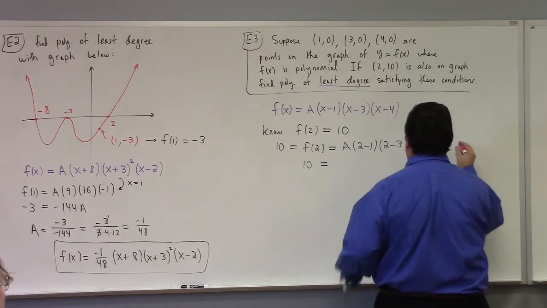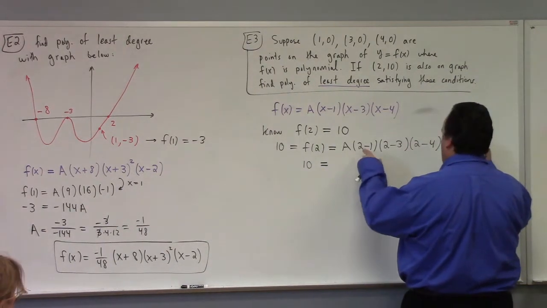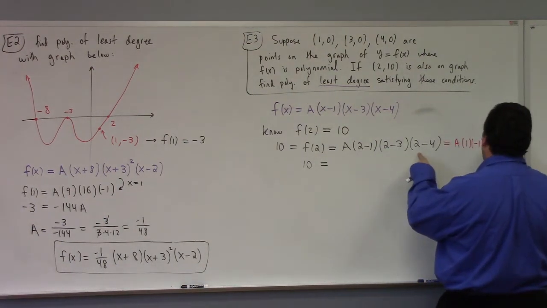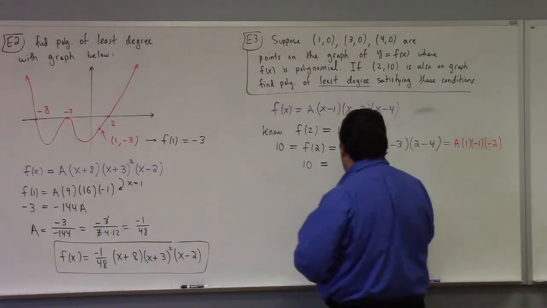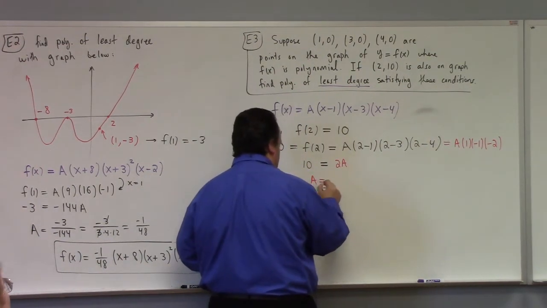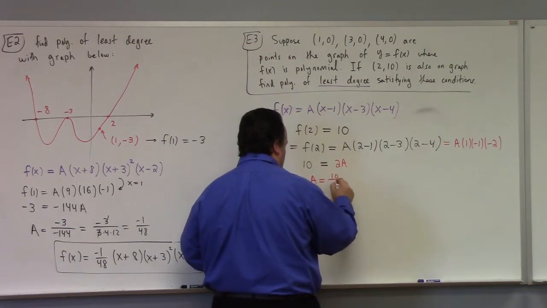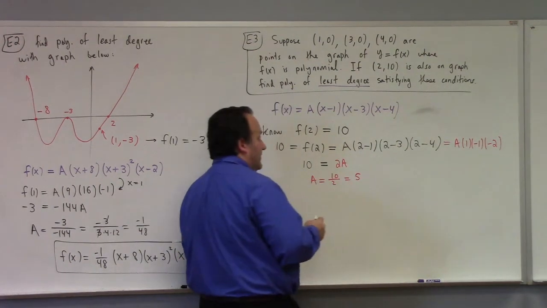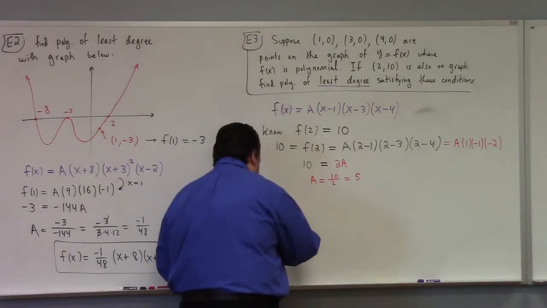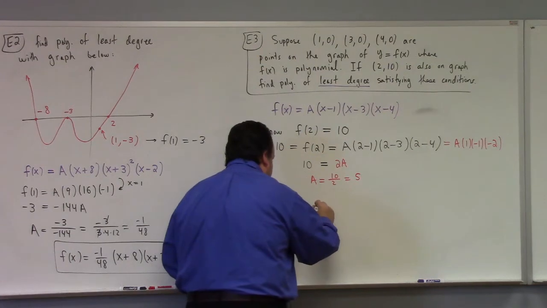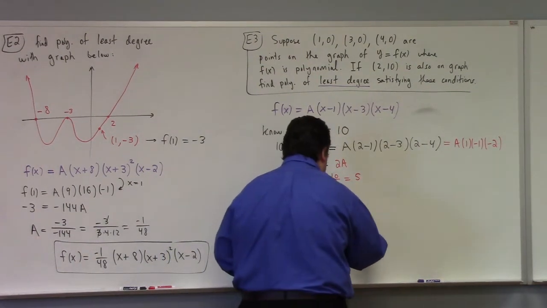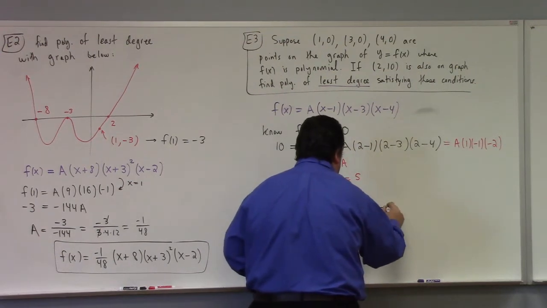So this is a times 1 times minus 1 times minus 2, right? So what you have is 2a. So therefore, a is equal to 10 over 2, also known as 5. And the answer is simply f of x equals 5 times (x minus 1) times (x minus 3) times (x minus 4).